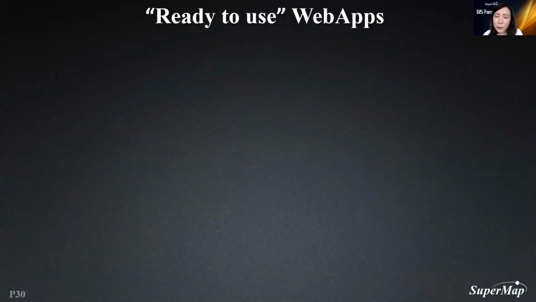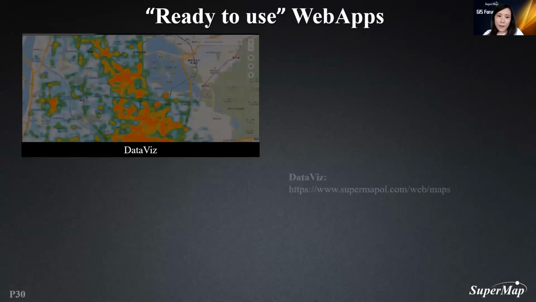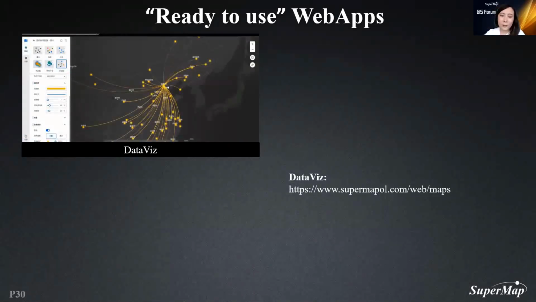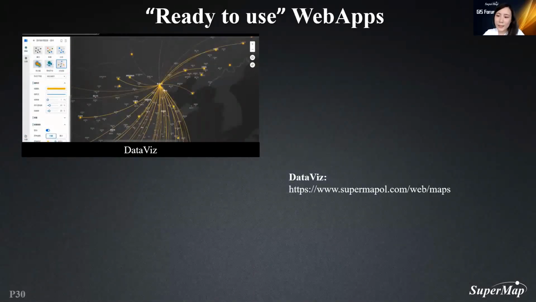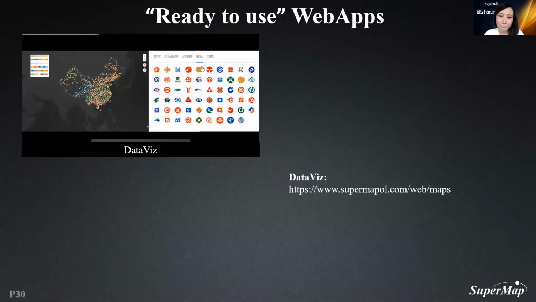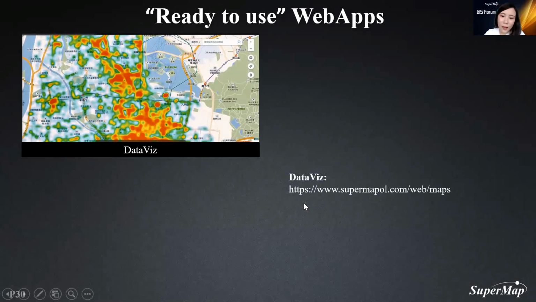And we also provide some ready-to-use web apps, which are very easy to acquire, and you could reach them just in your browser, and you don't need to know any distributed knowledge. Well, the first is Data GIS, which you could use to make some thematic maps for static or streaming data. And you could reach it by the link on the screen.